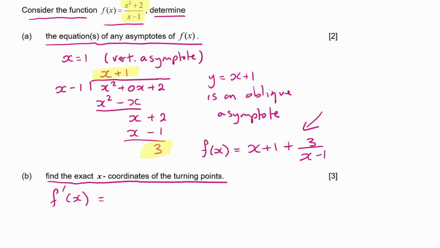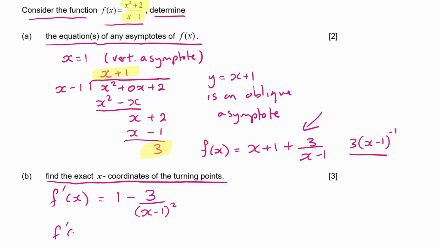That's going to be 1. And remember that this could be written as 3 times x minus 1 to the -1. So take away 3, x minus 1 to the -2. So that's 3 over x minus 1 squared.